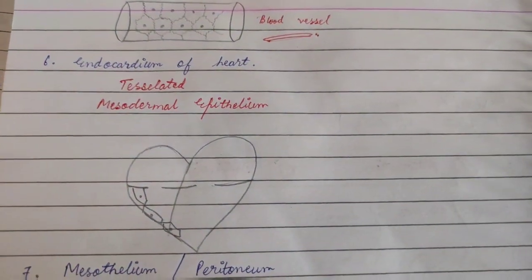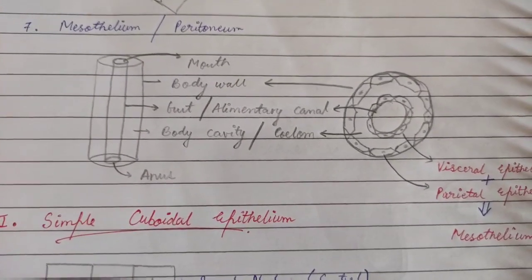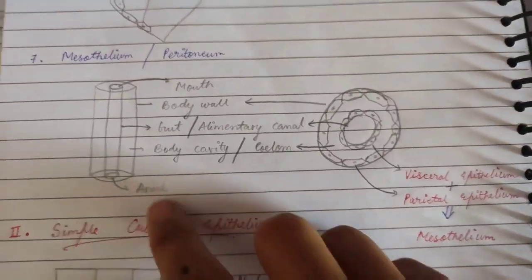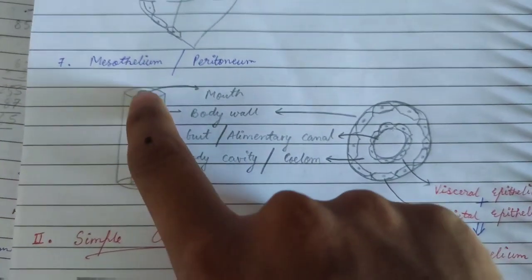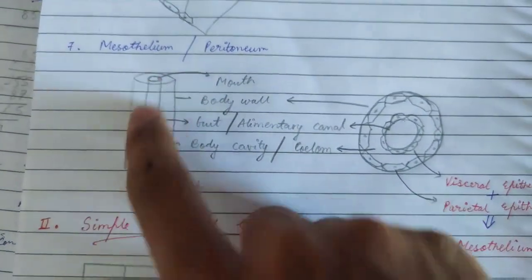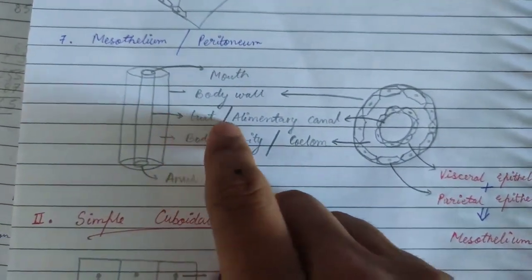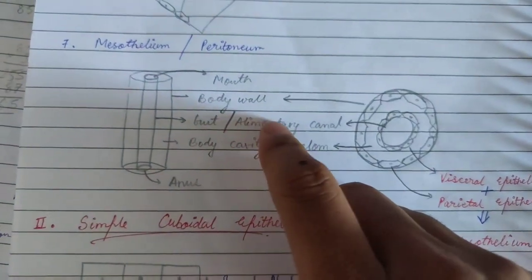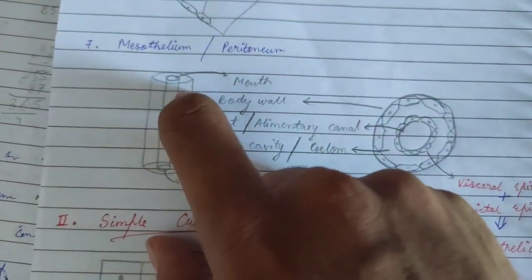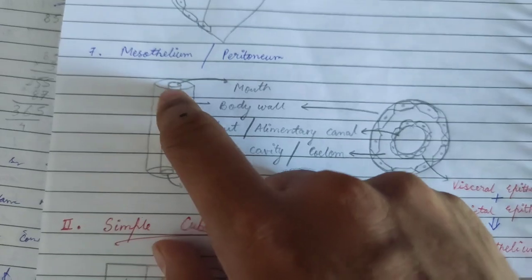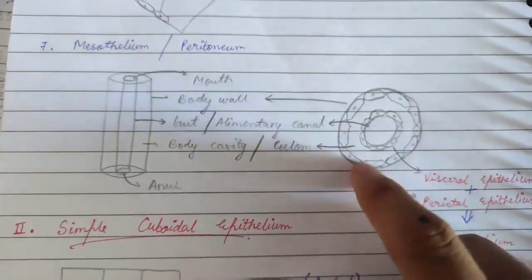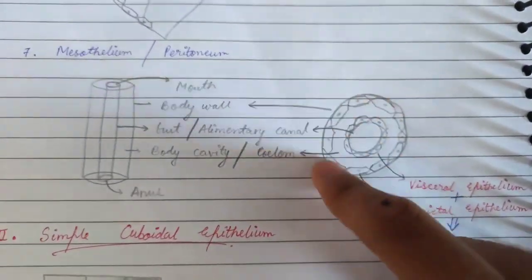Now next comes mesothelium or peritoneum. See, this is our body basically. This is the mouth and this is the anus. The pathway from mouth to anus is also known as gut or alimentary canal. Now we are going to take a cut and look through its dissection. So we will get the structure like this.